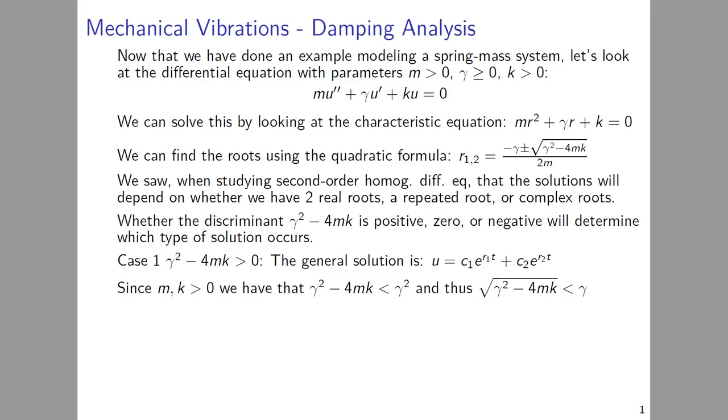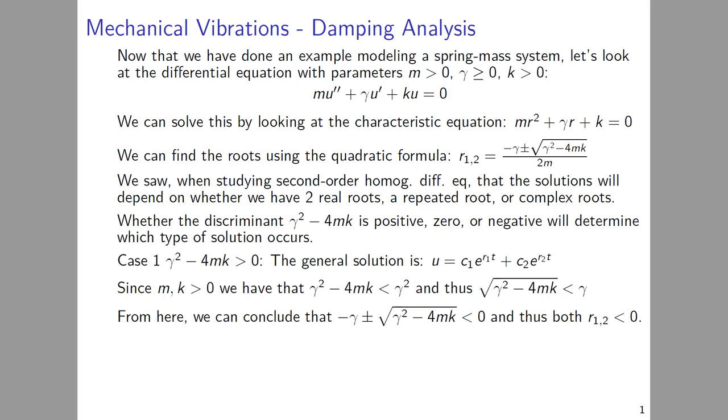And thus the square root of gamma squared minus 4mk must be less than gamma. From here, we can conclude that the numerator, negative gamma plus or minus the square root of gamma squared minus 4mk, must be less than 0. And thus both roots r1 and r2 are negative, because dividing by 2m won't change the sign.